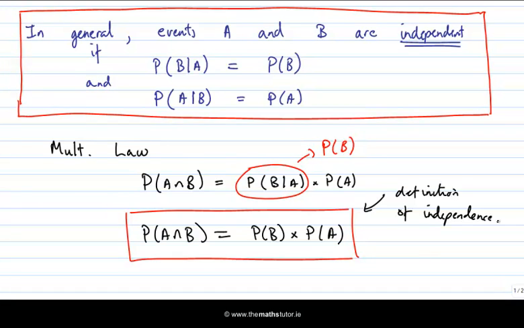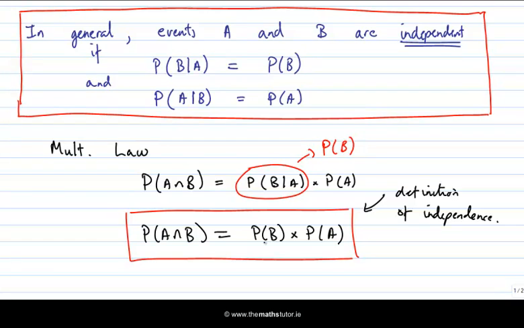If A doesn't affect B, then the probability of B given A should be just the same as the probability of B. And then from that we use the multiplication law to get this definition down here, that the probability of A and B is just the probability of A times the probability of B.